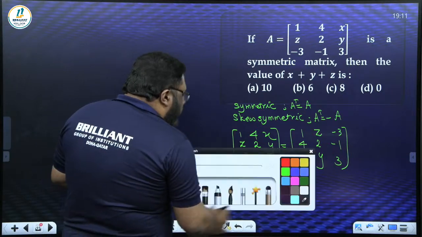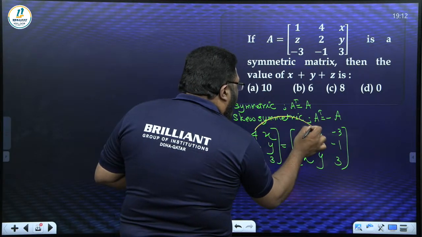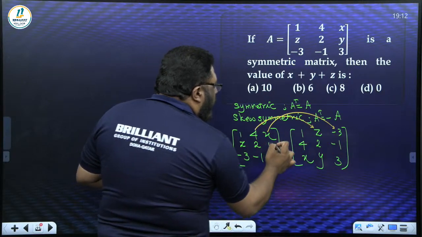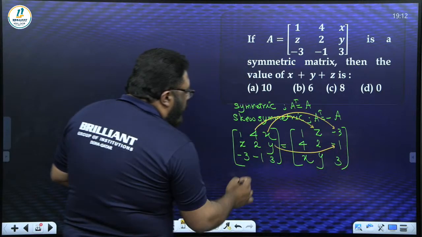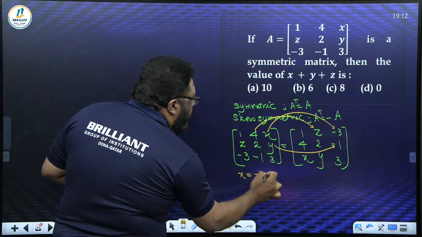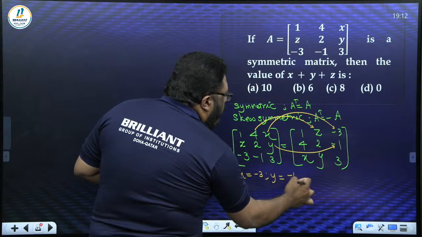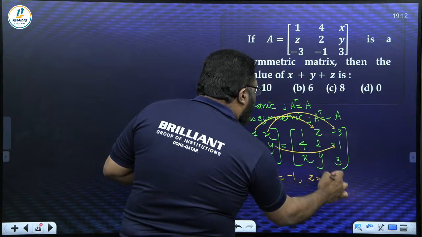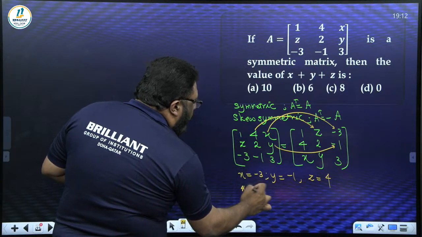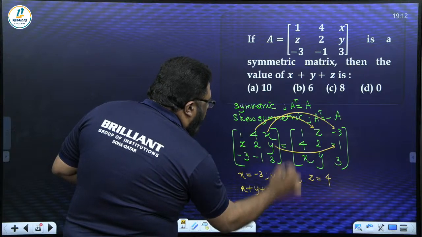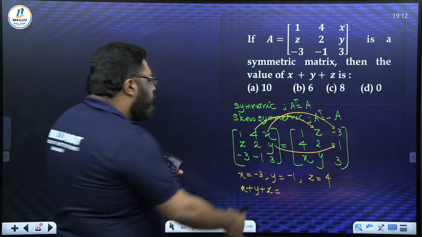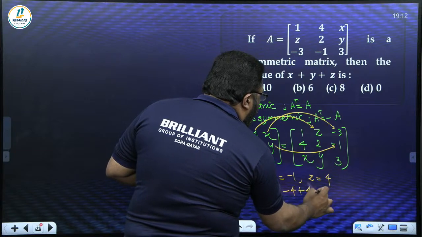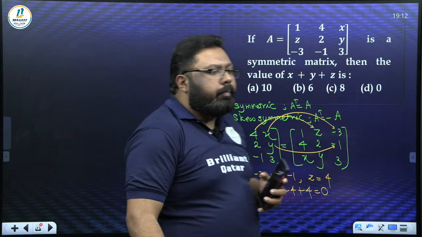When you compare, can you see that 4 is z, x is minus 3 and y is minus 1? So what is x? Minus 3. What is y? Minus 1. And what is z? 4. So what is going to be the value of x plus y plus z? Minus 3 minus 1 plus 4, answer 0.